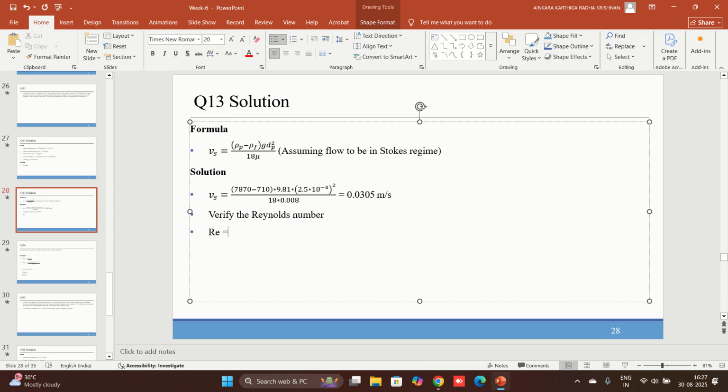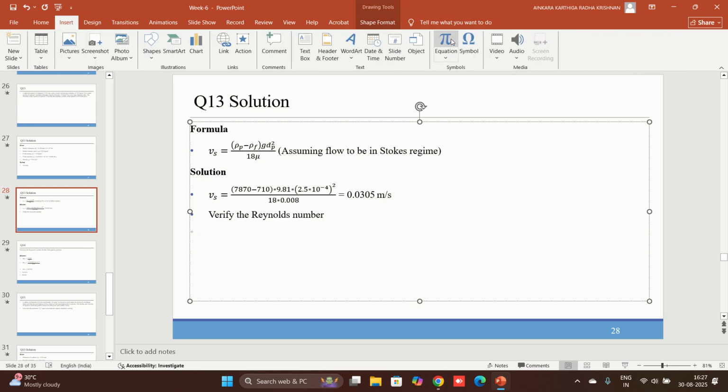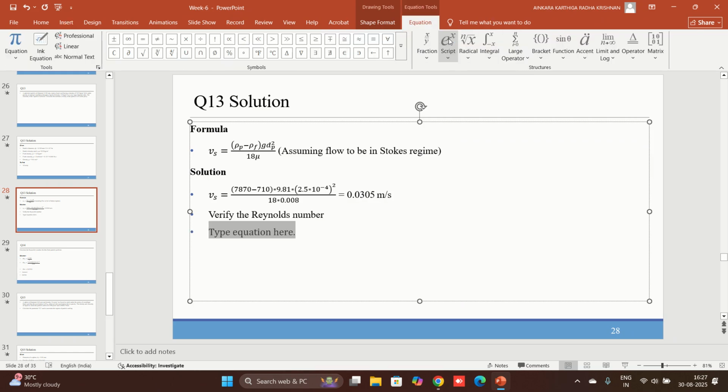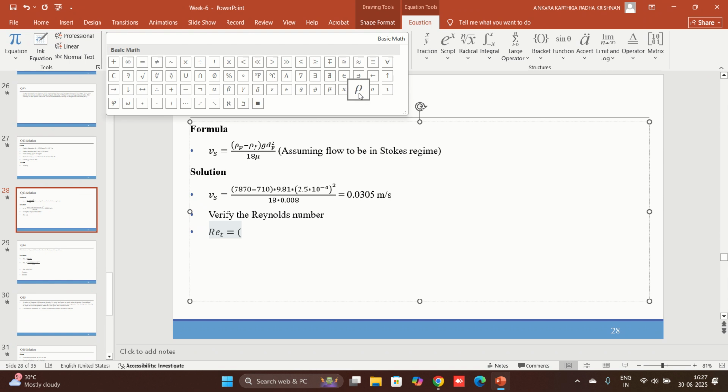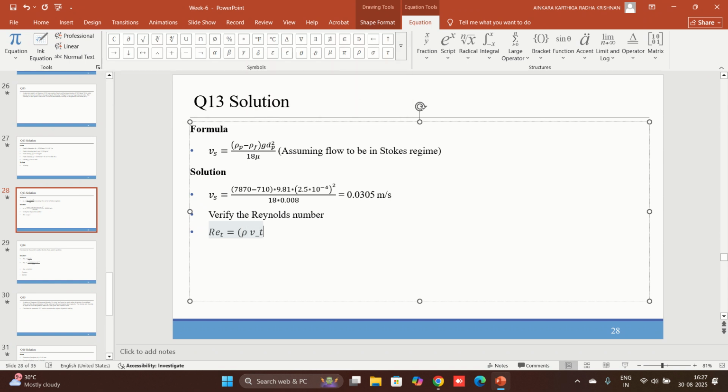So Re is equal to, we can insert the equation. If you learn this now, you can use it during your presentation and all. If you are BTech, it will be helpful. Others might know all these things. For BTech, we might not be sure of how to do things, right? That's why. And as far as I think the course's targeted audience is BTech, that's why I told.